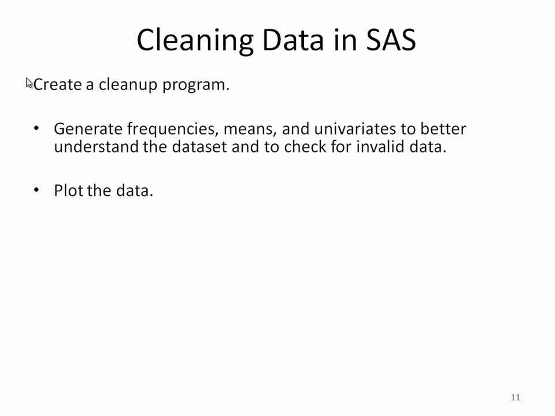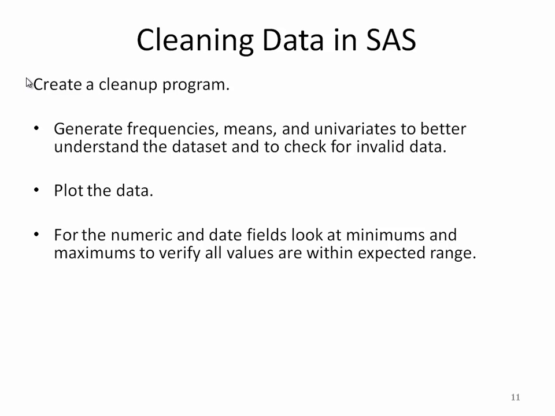For numeric and date fields, you can look at the minimums and the maximums to verify that the values are in the expected ranges. You can do this if you have few observations or a limited number of responses. You can use proc freq to look at everything, look at the minimum and the maximum.